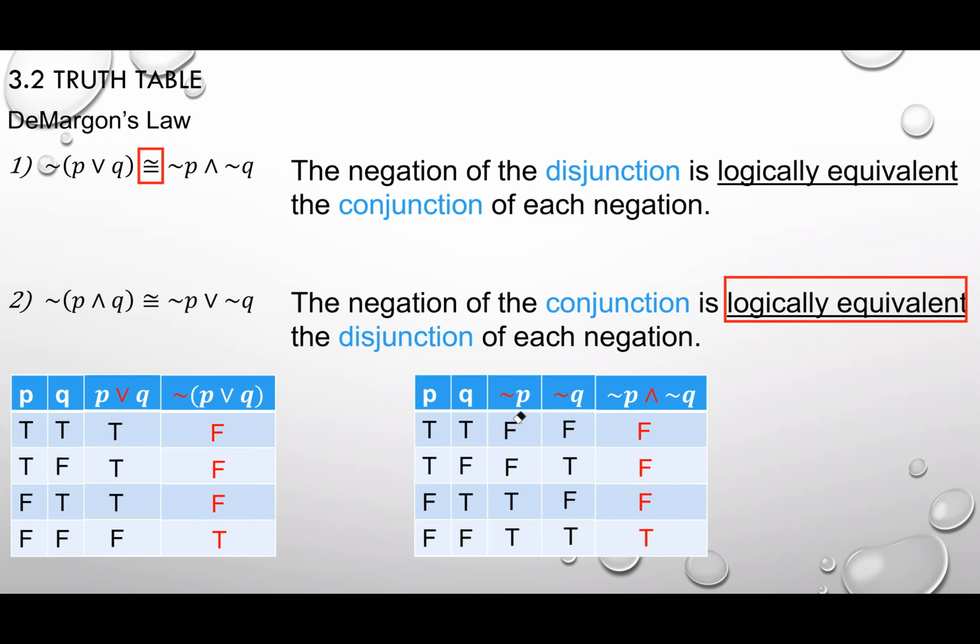And that's what De Morgan's law proved. The guy called De Morgan proved that these two items are equivalent. If you distribute your negation, your operation needs to change from the AND to the OR, and vice versa, from the OR to the AND.